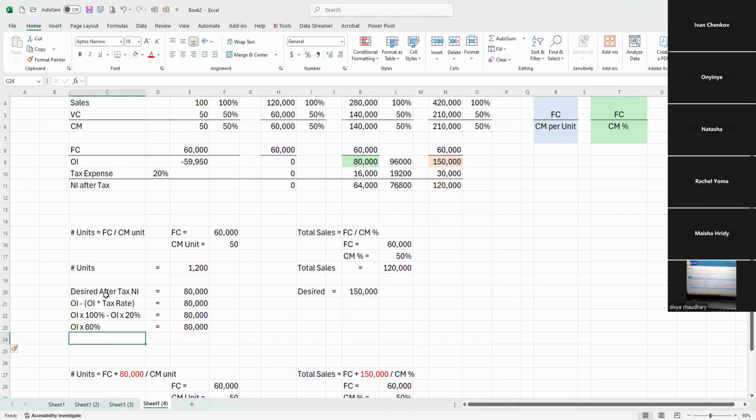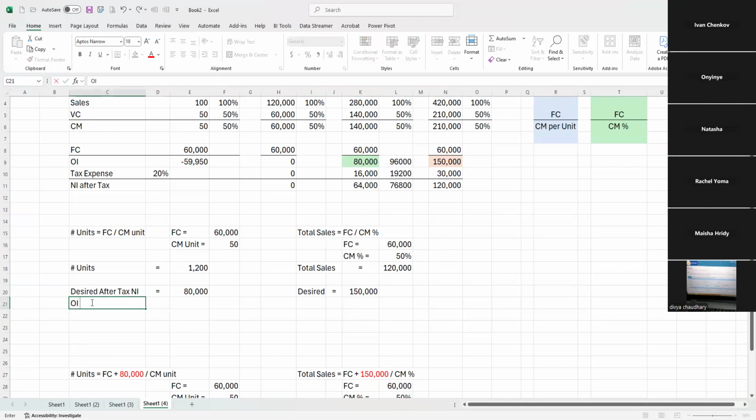So, watch this. Desired after-tax net income is equal to that. So what do I need? How can I get it? Think logically here. I have operating income, correct? From that operating income, I have to deduct the calculation of my operating income times the tax rate. Correct?